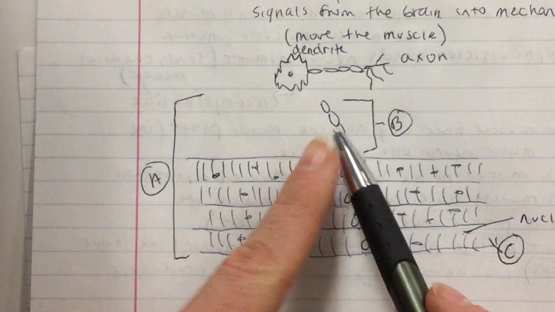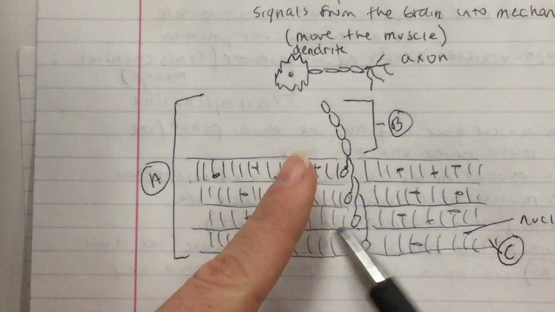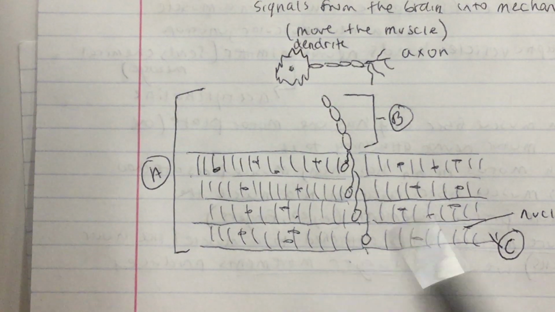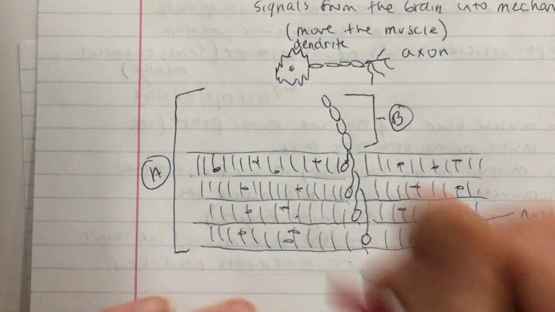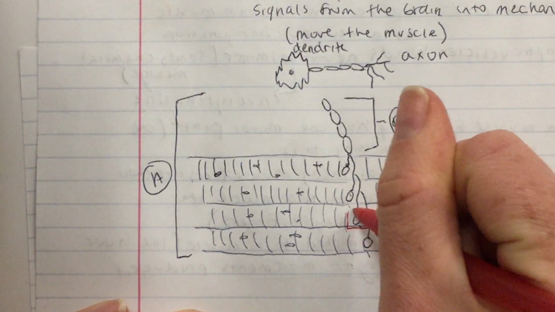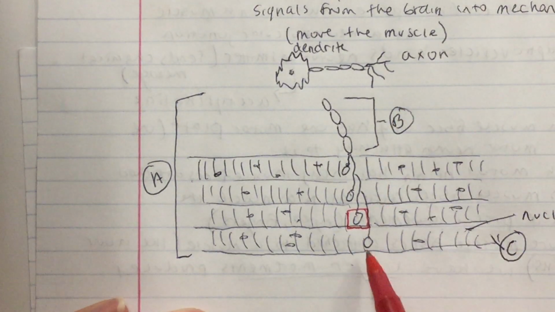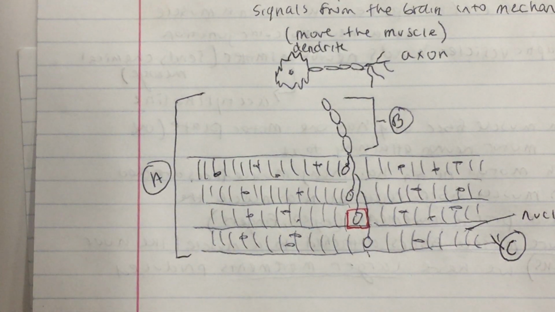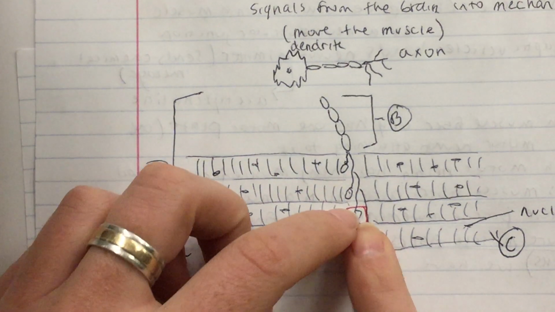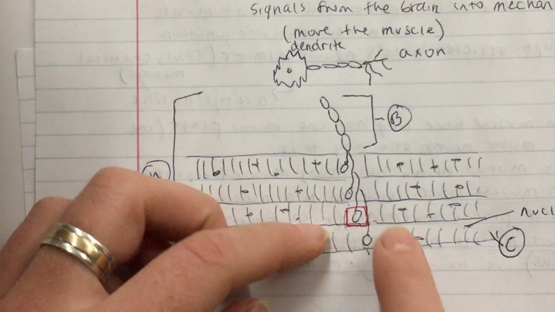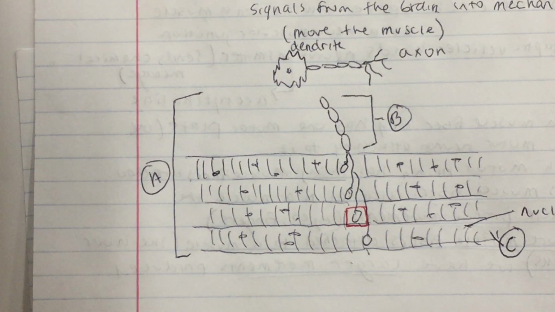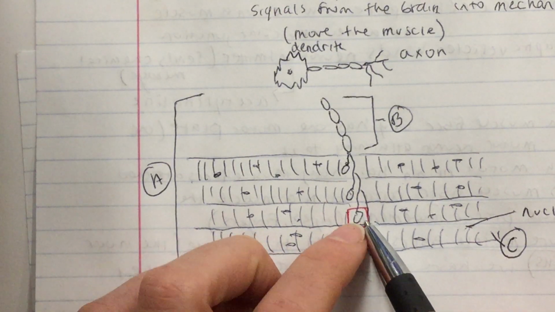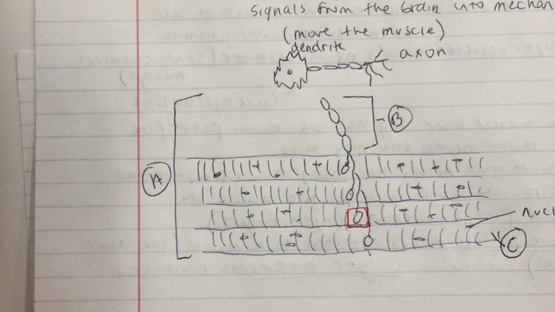And so the signal is transmitted from the brain down the neuron and to the muscle fibers, but right here, at this point, and we have 4 of these pieces, we're going to zoom in on one. Right here at this point is where the axon actually delivers a signal to the muscle fiber, communicating with it to move. And so this point where we actually have this connection between the axon and the muscle fiber, we call the neuromuscular junction, where they actually meet.